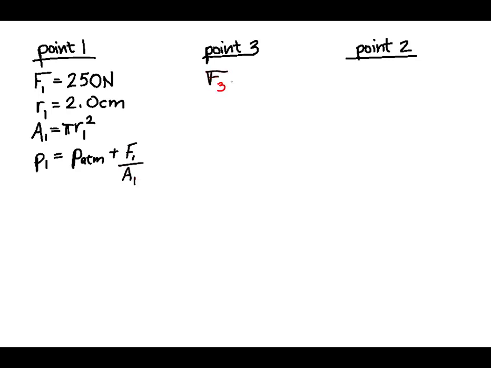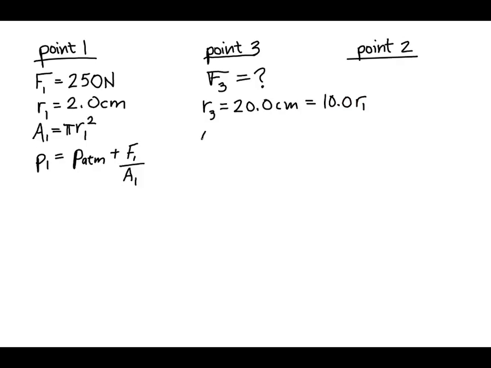Now the large piston has to support a force that we can measure at point 3. We do not know this force yet, but it is the force we are trying to find. So we'll say F3 is unknown at point 3, where we'll call the radius of the large piston R3 equals 20 centimeters. Notice that this is 10 times the radius of the smaller piston. The area of the large piston is A3.